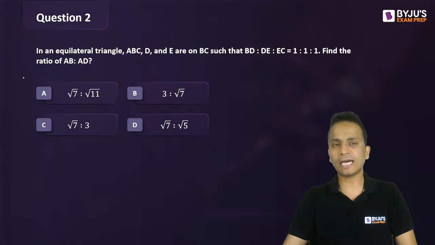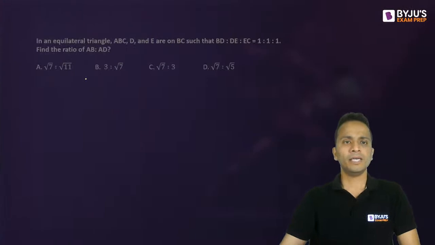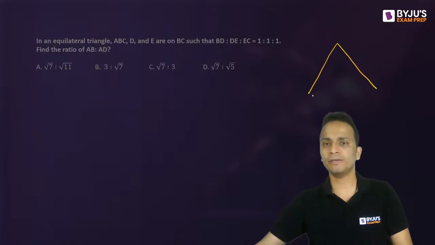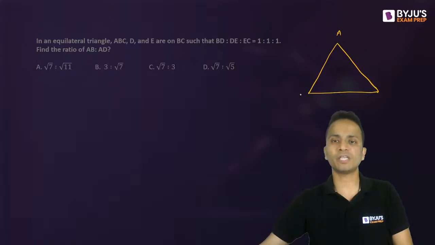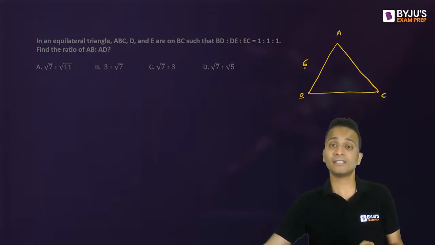Okay, so let's start drawing the figure of this question. Equilateral triangle. I'll quickly draw one. Now I'll start by assuming the length of each side of this equilateral triangle. I'll assume each side as 6. You will understand why I have assumed each side as 6.